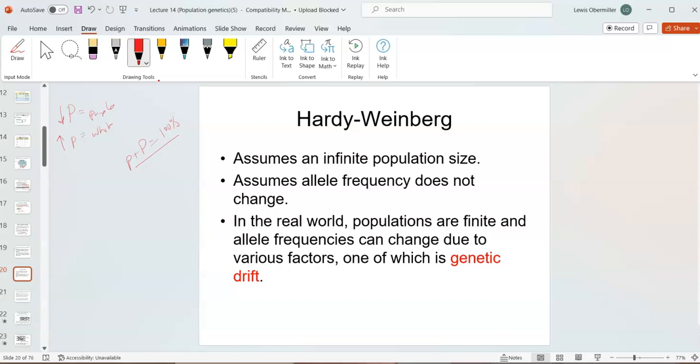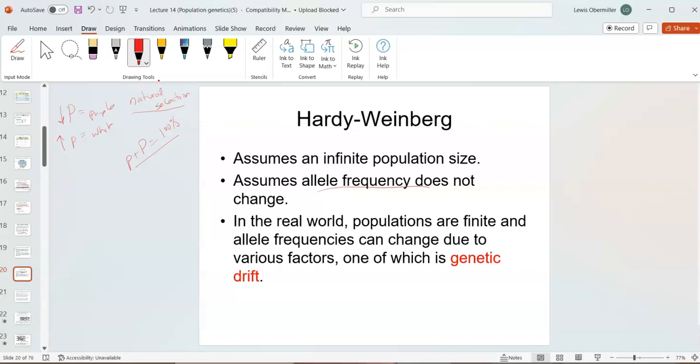I lost my train of thought. We're doing natural selection. So allele frequency varies in a population due to natural selection. Remember we talked about the peppered moths?